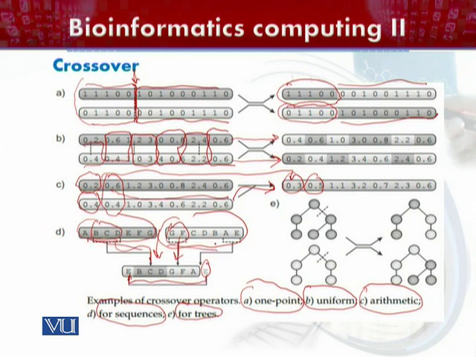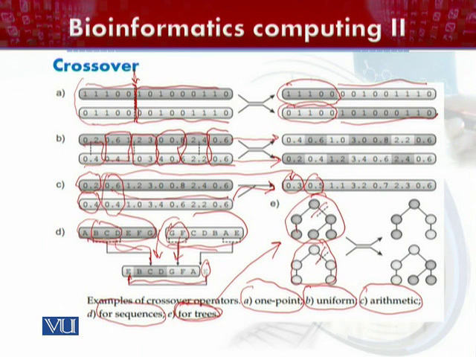Similarly, there is another type of crossover which is used for tree representations. This is specifically a tree representation over here. We have one chromosome represented as a tree in a dark color, and another one in a light color. Now these two will exchange parts in the tree.